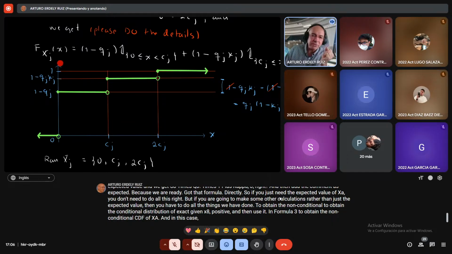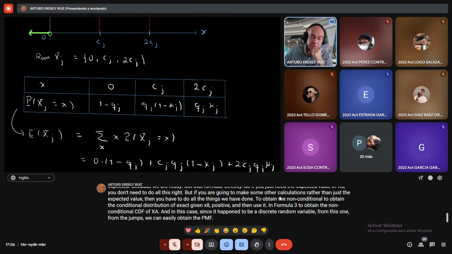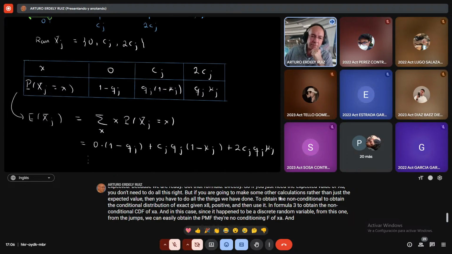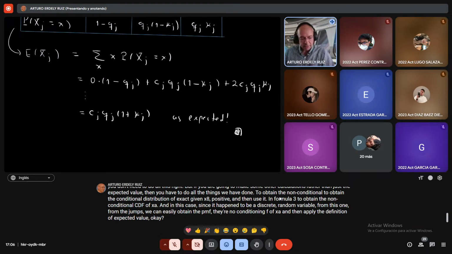Since it happened to be a discrete random variable, from the jumps we can easily obtain the non-conditional PMF of xj, and then apply the definition of expected value. Any questions so far?